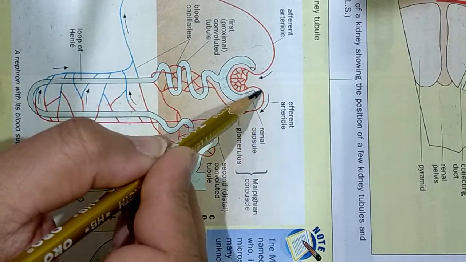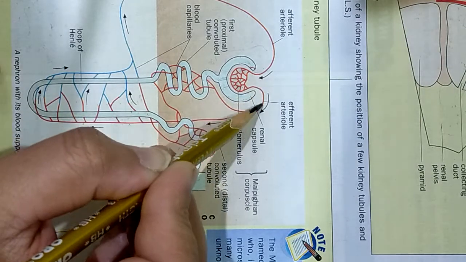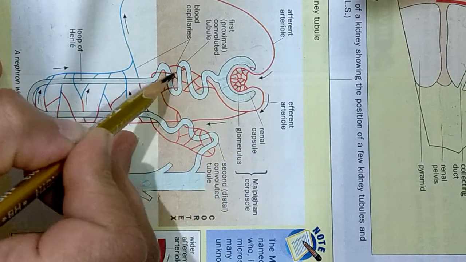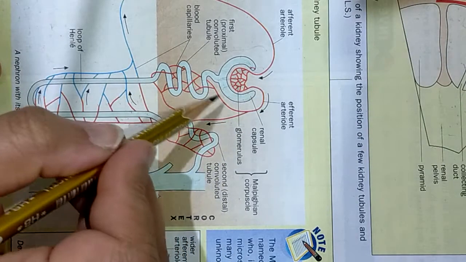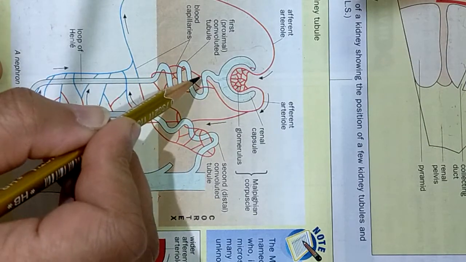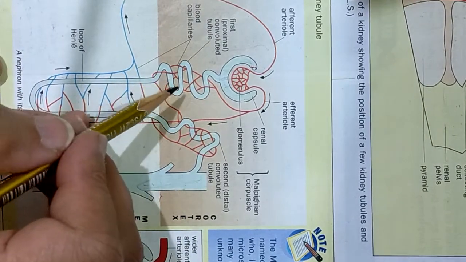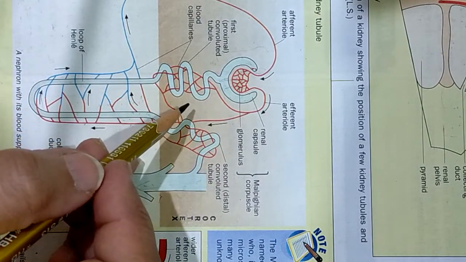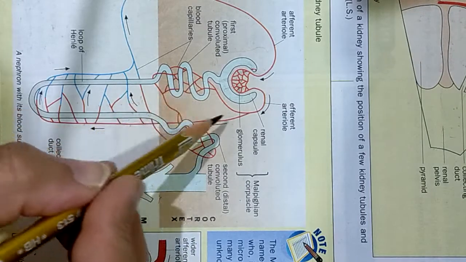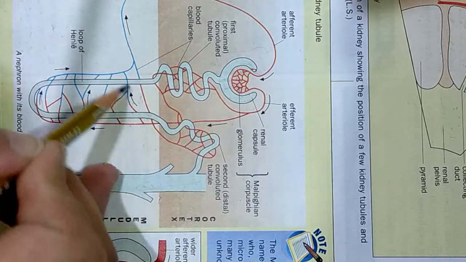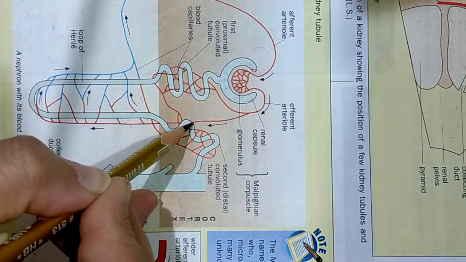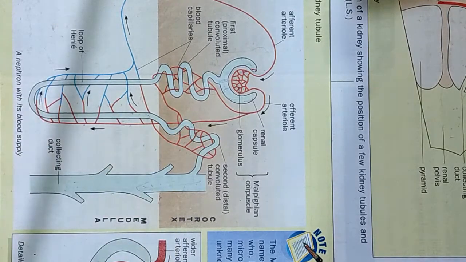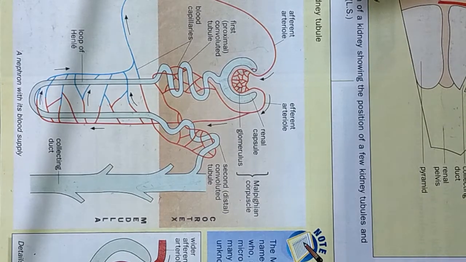Then you can see the efferent arteriole, or these vessels, covering this renal tubule portion. Why they are covering it, in the next topic I will explain how they help in the absorption of useful material. These blood capillaries cover this whole tubule portion so they can absorb the maximum useful material.